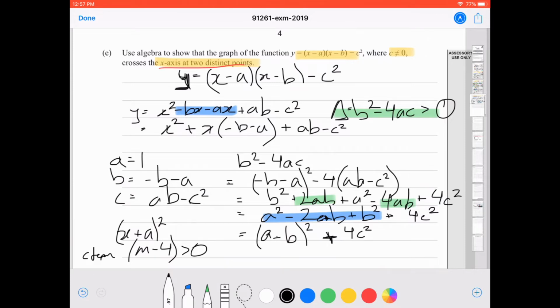Well, we knew that m minus 4 had to be greater than 0 because the c term was a squared, right? That was our theoretical c term. Anything to the power of 2, anything squared, is going to be positive here.